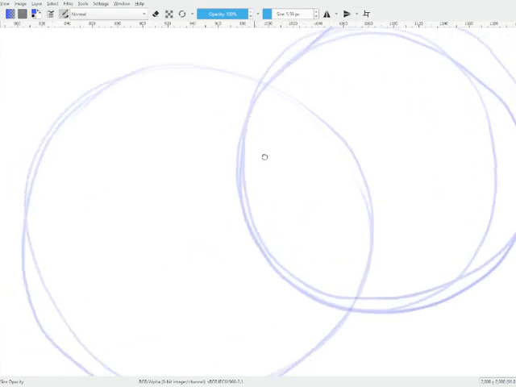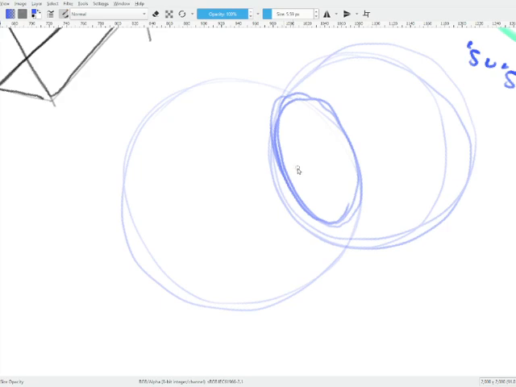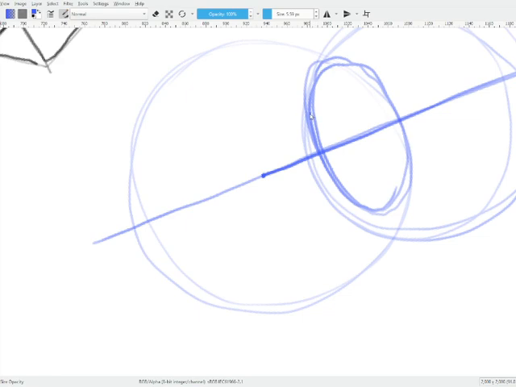Let's draw it like this. So their intersection is a circle, which is centered at this line which connects both of the spheres.